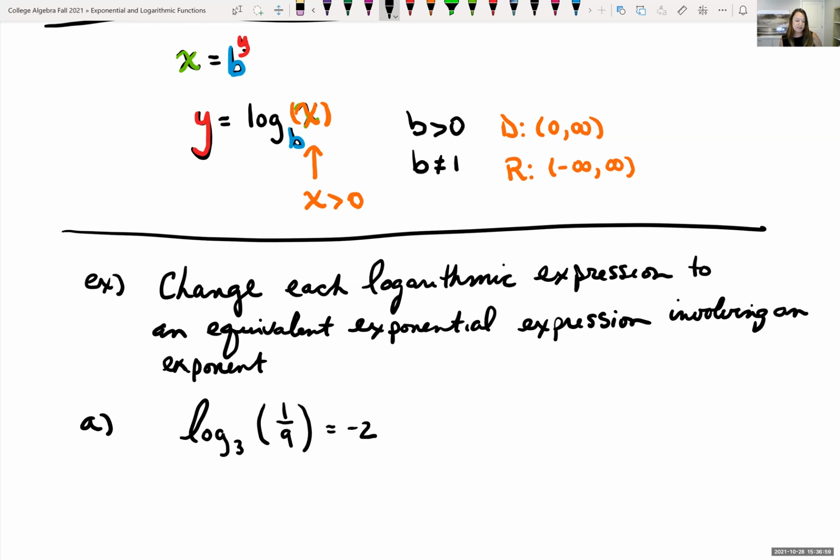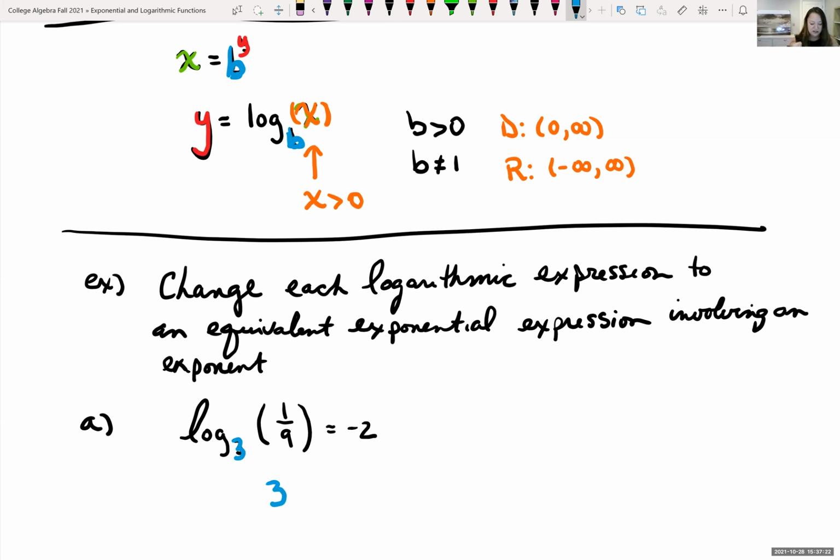The next example says change each logarithmic expression to an equivalent exponential expression involving an exponent. We have log base 3 of 1/9 equals -2. The base of the log is the base of the exponential, so we have 3.